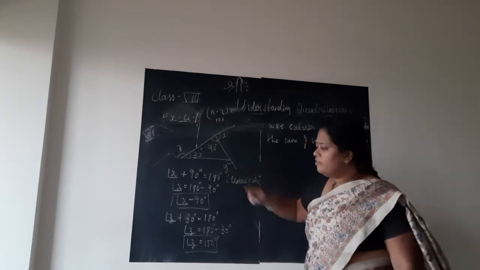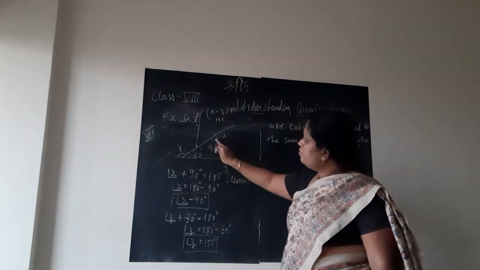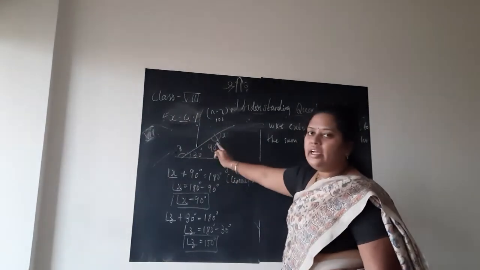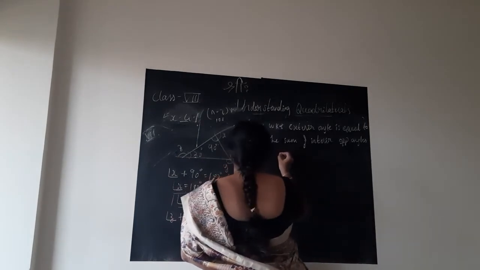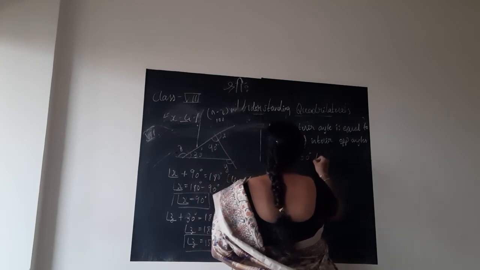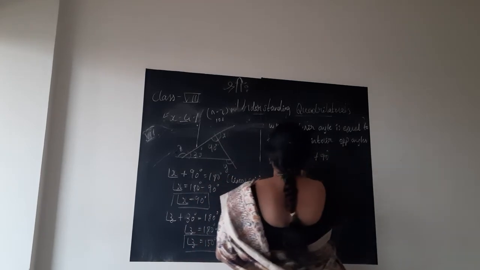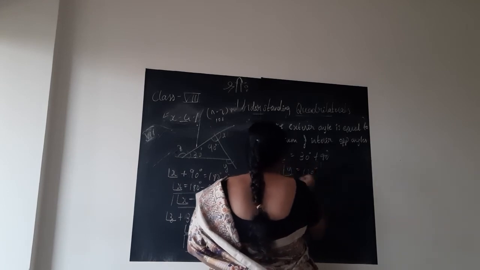Angle y is the exterior angle. It is equal to the sum of the interior opposite angles. We know both the interior opposite angles. Which are the interior opposite angles? It is 30 plus 90 degrees. So angle y is 30 degrees plus 90 degrees, which is clearly 120 degrees.